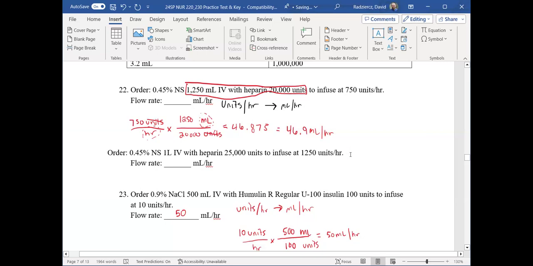The question is, how many milliliters per hour would you set the infusion pump? For these questions, you could change all three variables and come up with different answers, but go ahead and try that. Let me know what you get as a flow rate. Just type it into the chat and then we'll confirm it.